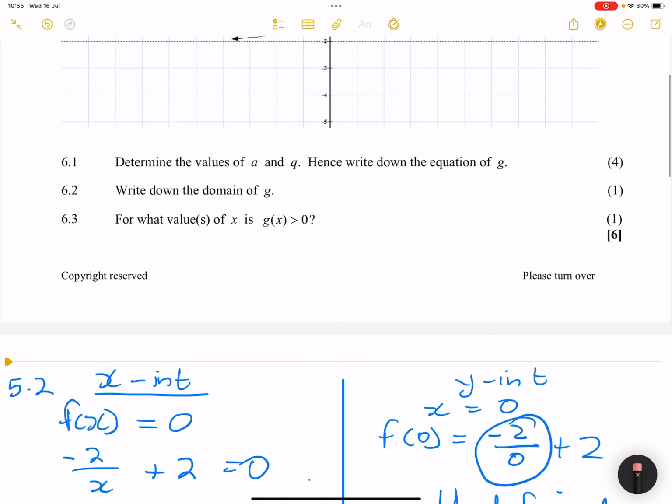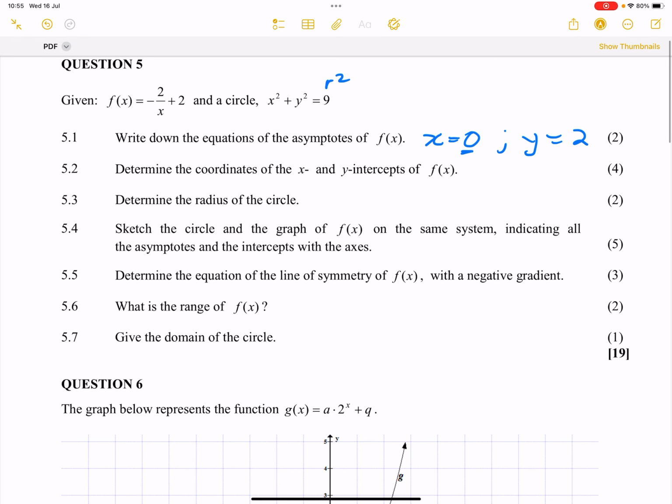The next question. They say to us, what is the range of f of x? Now, you remember in this case that f of x is applicable for all values of y. Our hyperbola looks something like this, but it doesn't exist on that asymptote.